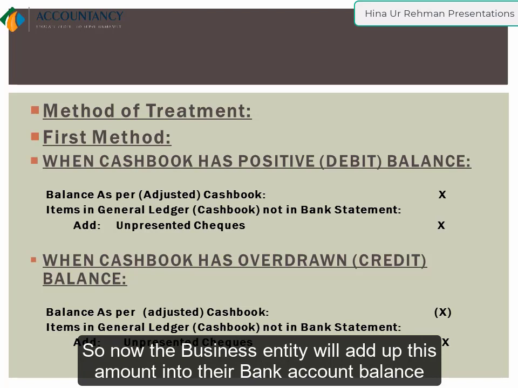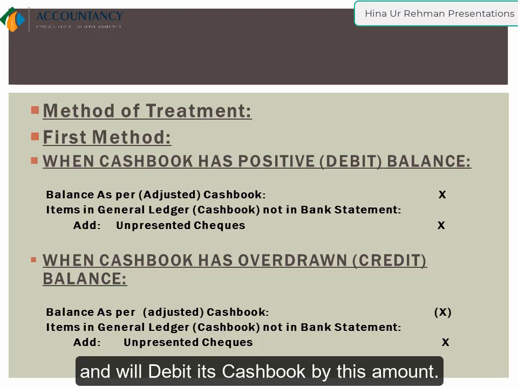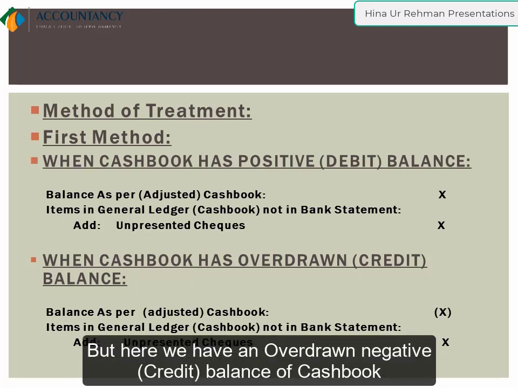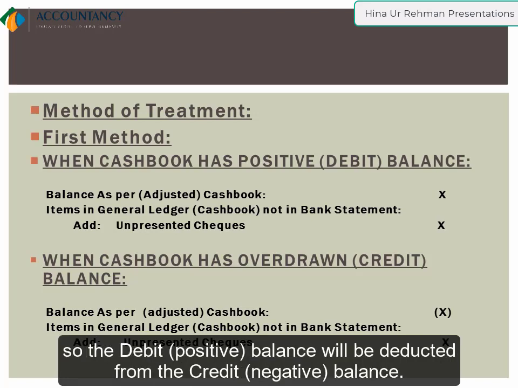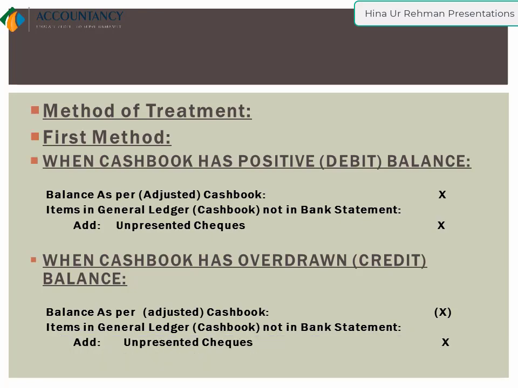So now the business entity will add up this amount into their bank account balance and will debit its cash book by this amount. But here we have an overdrawn negative credit balance of cash book, so the debit positive balance will be deducted from the credit negative balance.